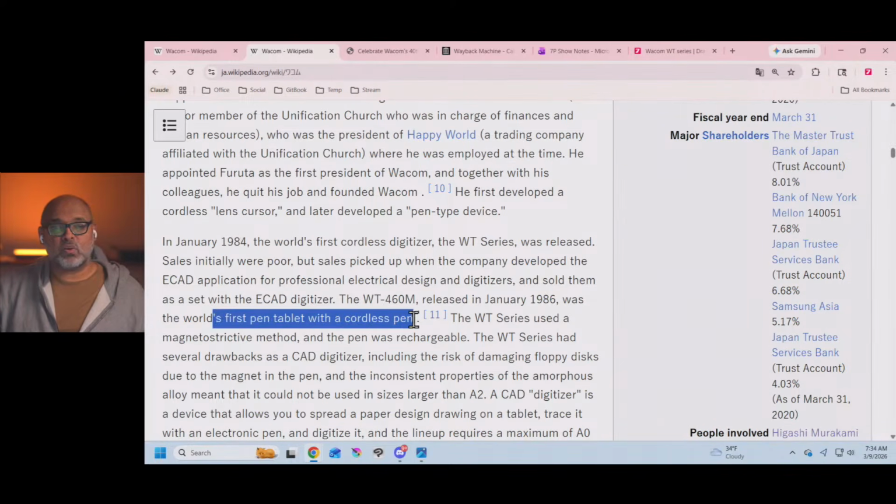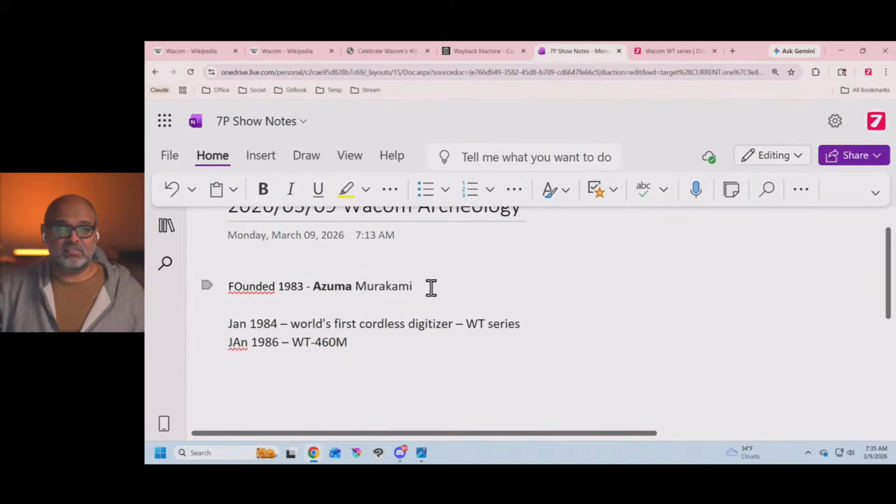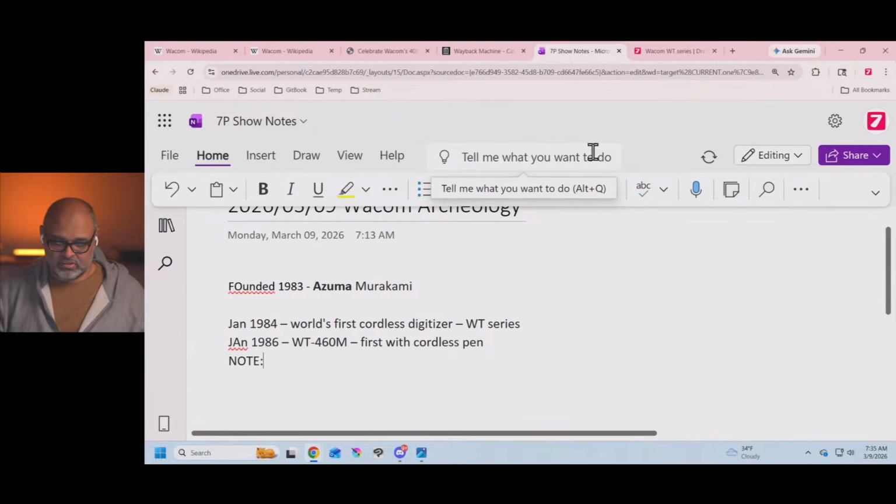This was the first one with a cordless pen. So this is the one with the pen. It looks like the other ones had the puck, like a mouse. And I'll just put a note here: the WT460M was for digitizing, not for drawing.